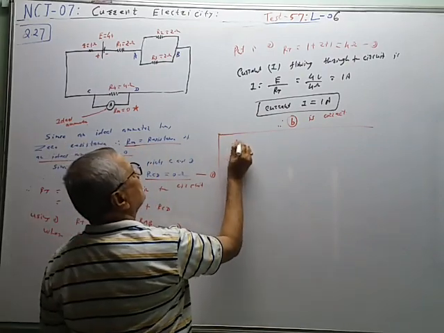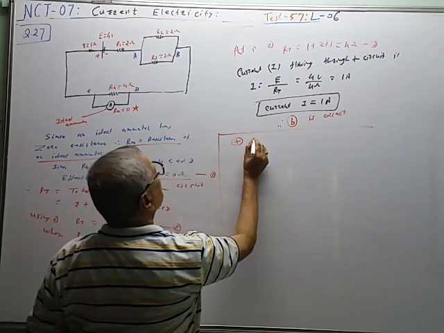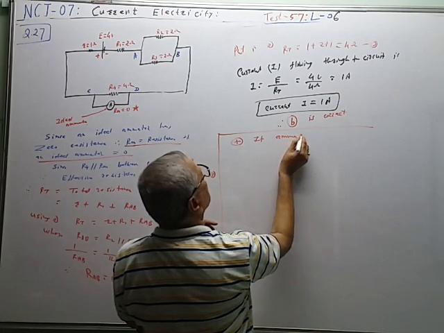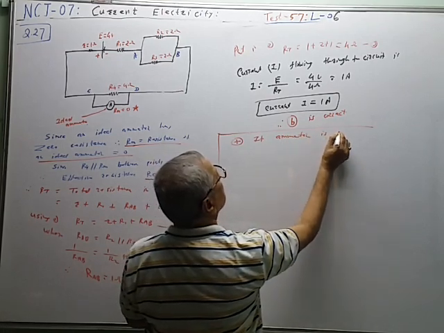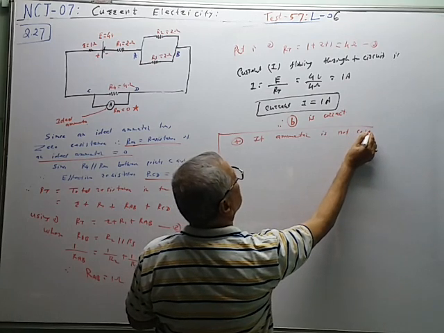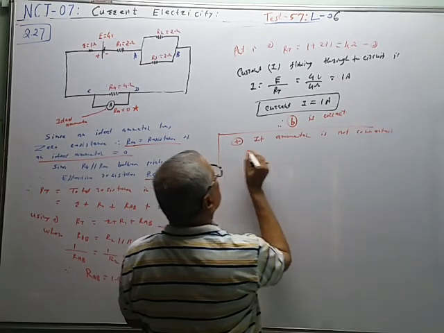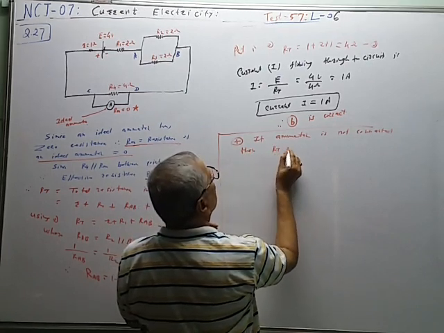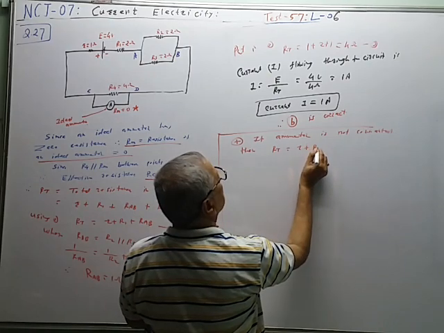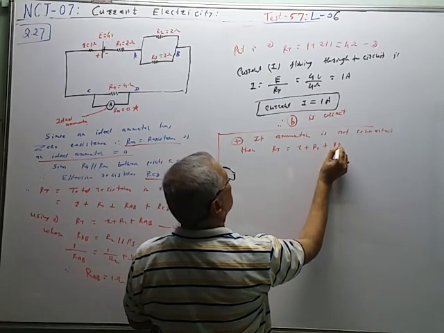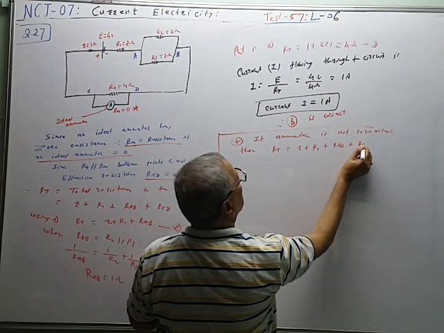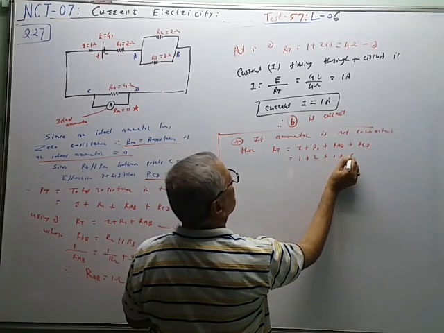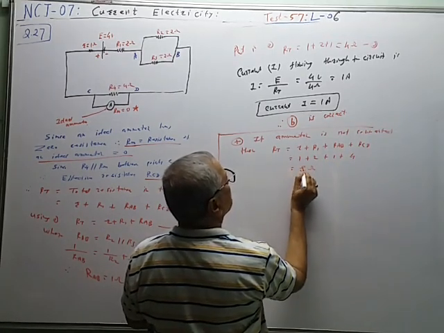Now one more point. And if the ammeter is not connected, then RT is equal to r plus R1 plus RAB plus RCD, that is equal to 1 ohm plus 2 ohm plus 1 ohm plus 4 ohm, so that is equal to 8 ohm.